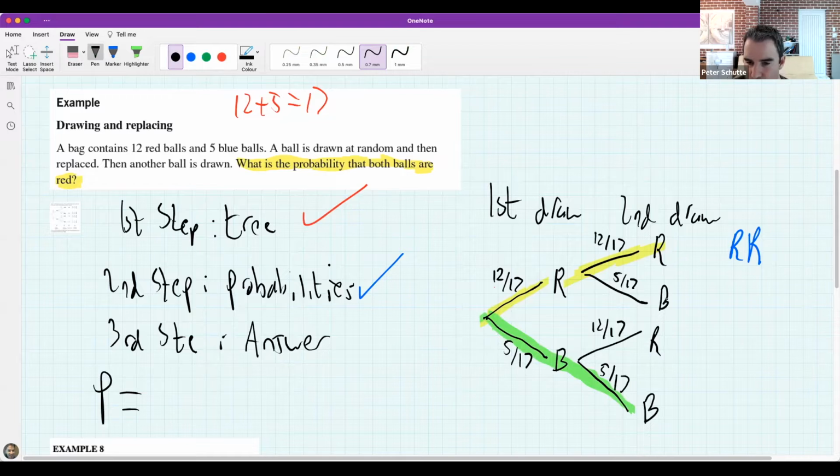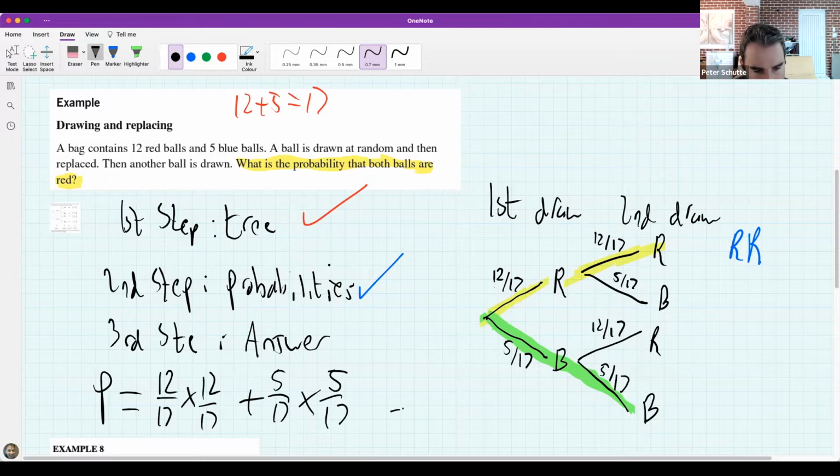Well, if you've got multiple branches, what we need to do is add them. So we take the answer from the yellow one, which is still the same, 12 over 17 times 12 over 17. But we add the possibility of the green branch.